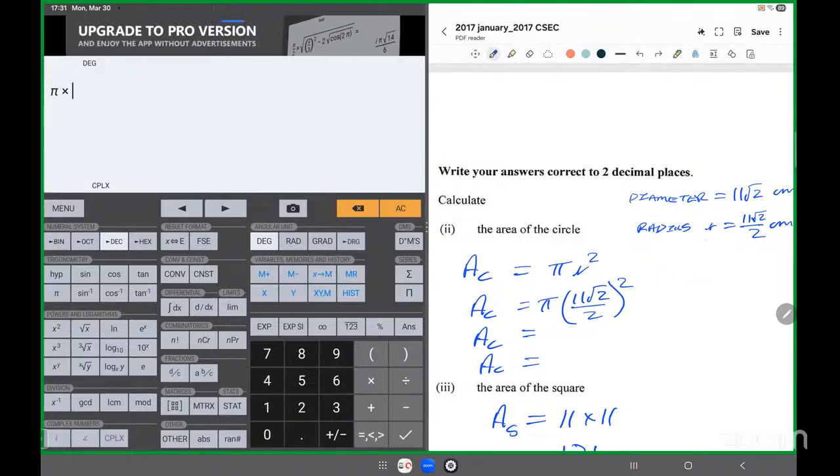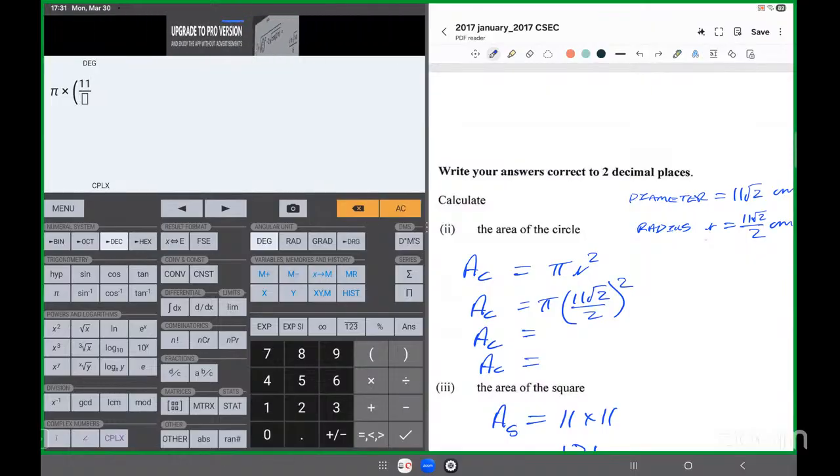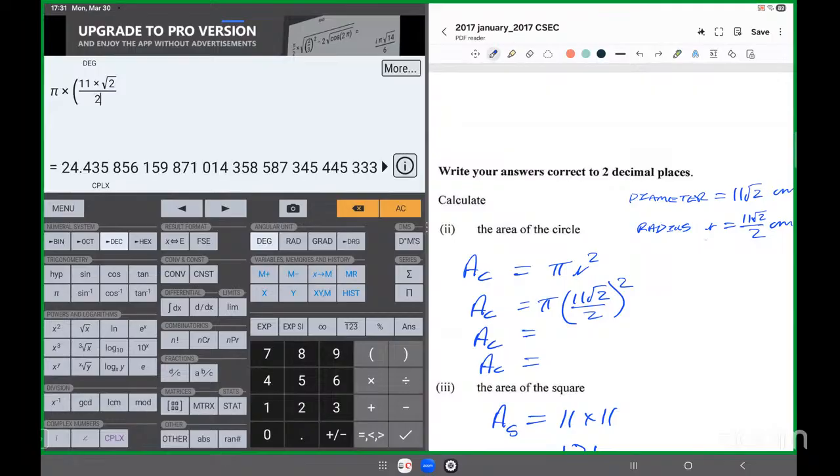So it's pi times bracket 11 times the square root of 2 over 2 close bracket squared. Okay, that's 190.07 centimeters squared. That's a better answer.